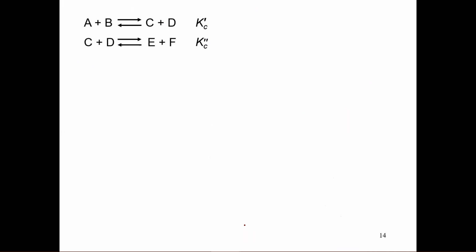Now A plus B goes to C plus D, K prime C, and then C plus D goes to E plus F. That's a double prime C. And basically, it all depends on certain kinds of reactions that would continue reacting to form another form.